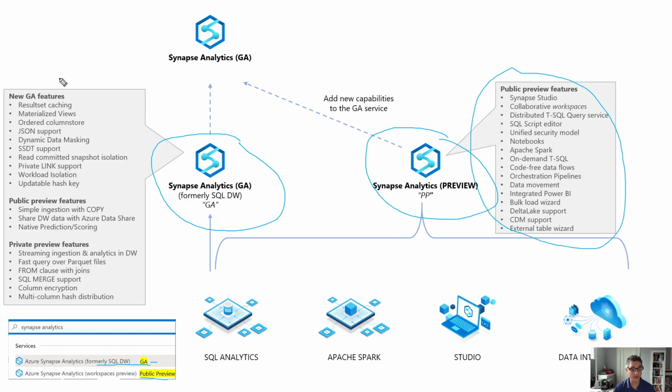So while the GA version is continuing to get new features that are getting plugged into it, those features are also getting put into the public preview, but we're also having an additional number of features, and this is the focus of today. So we've got the GA version and the public preview version, and the public preview version is what I'll be demoing today.